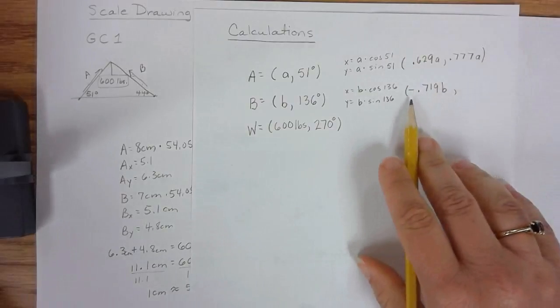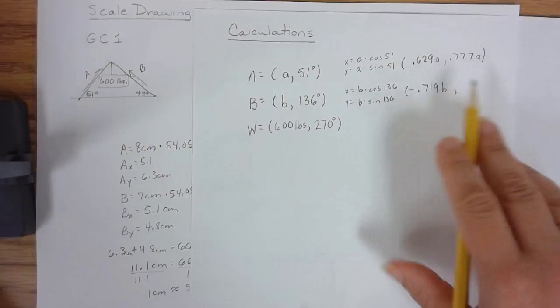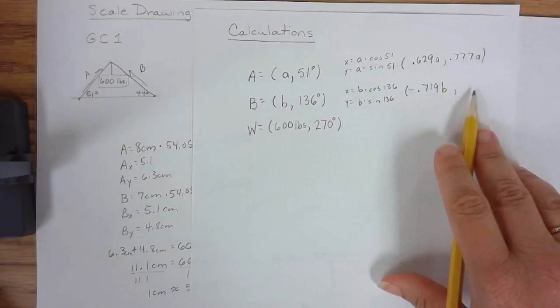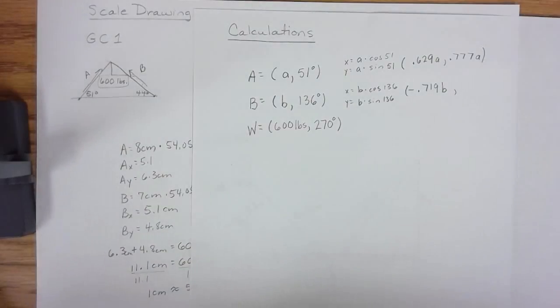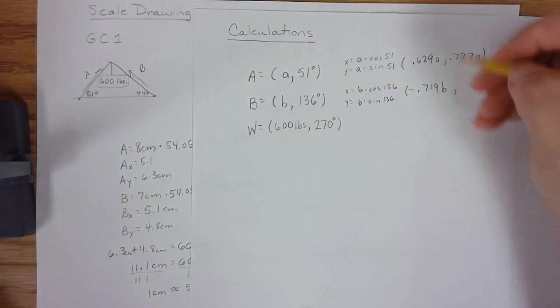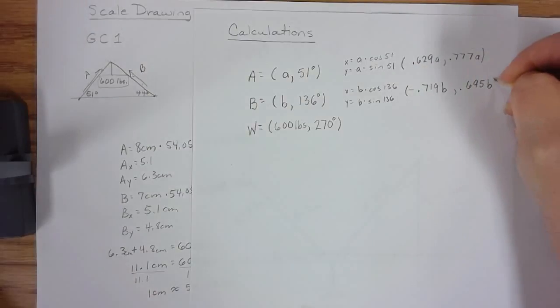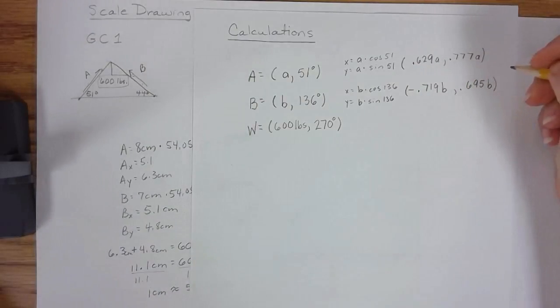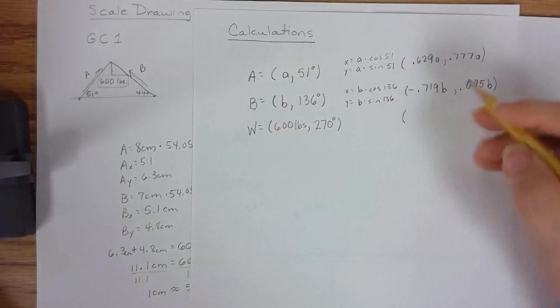That should make sense to you that that's negative, because it was in quadrant 2. Quadrant 2 has a negative X. Quadrant 2 has a positive Y, so when we do the sine of 136, we should get a positive value. 0.695B, we'll round it to that.